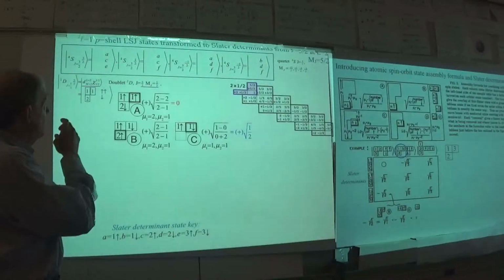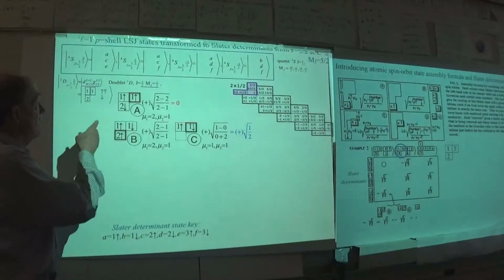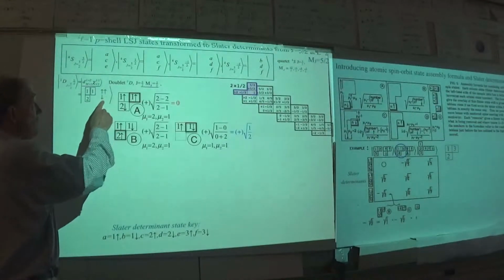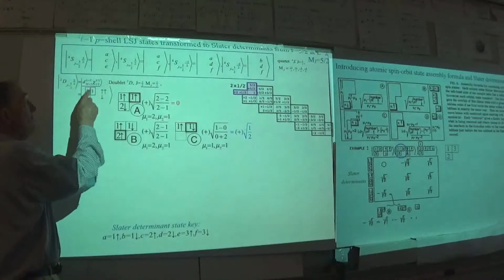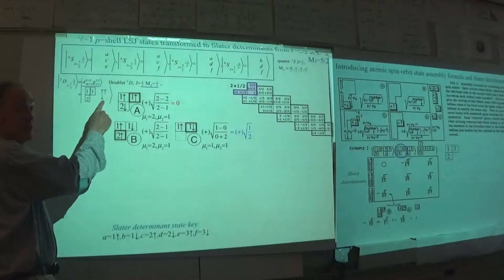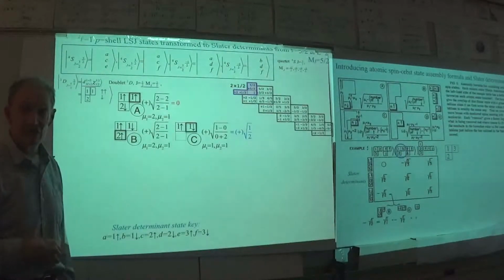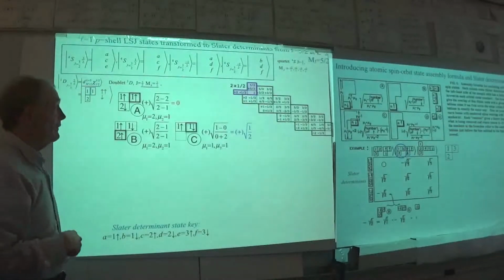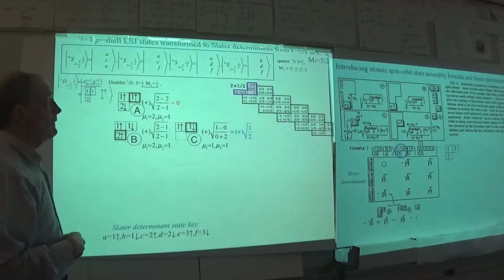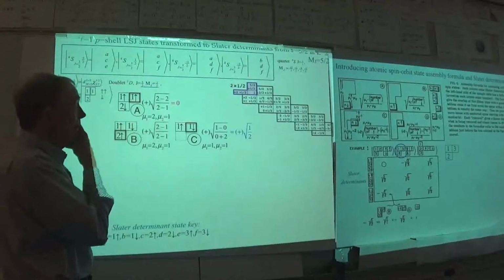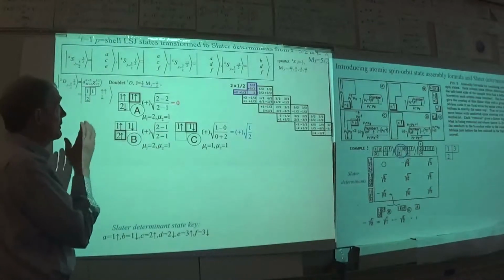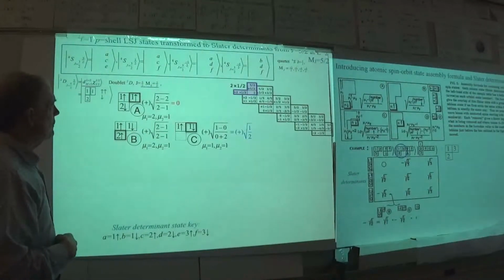But basically now, what you find is nobody's telling you which box to put the spins in. You're going to have to let the assembly formula tell you that. Okay, that's the fly in this ointment. It's a powerful formula, but it requires a little bit of thinking about what you're going to get.